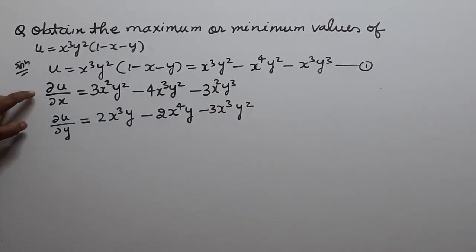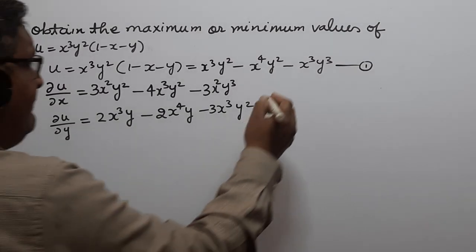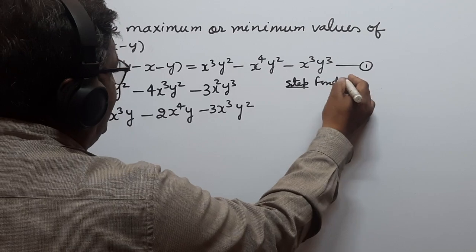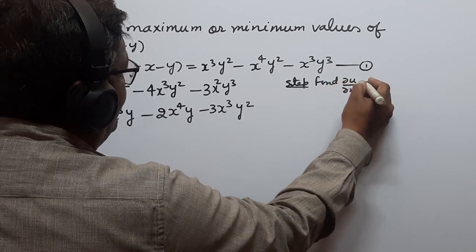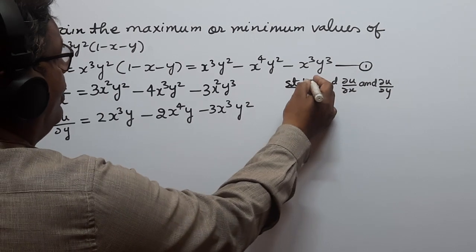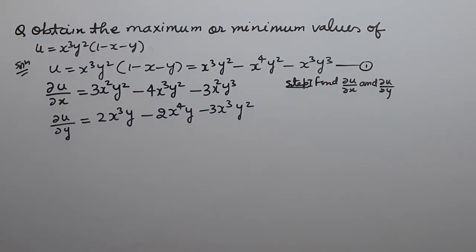So you can see that in the first step we find the partial derivatives of u with respect to the two independent variables x and y.